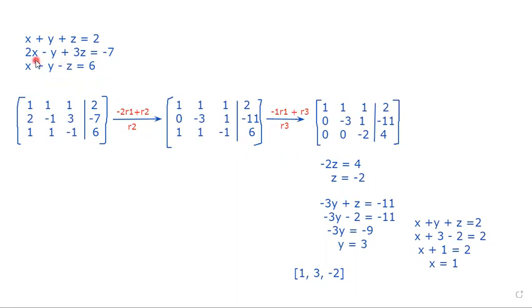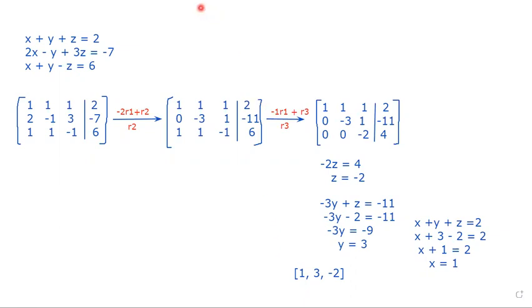Okay, 2 times 1, 2, minus 3 is -1. -1 minus 6 is -7. Okay, and we have this one, 1 plus 3 is 4, and then 4 minus 2 is equal to 2. So we've solved this entire system, and our solution is 1, 3, -2.